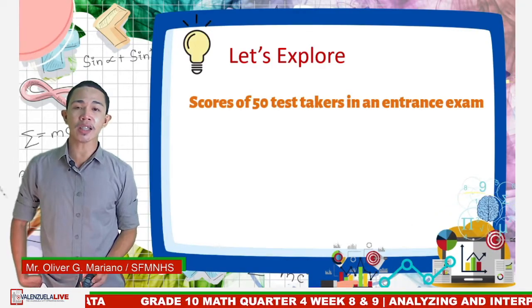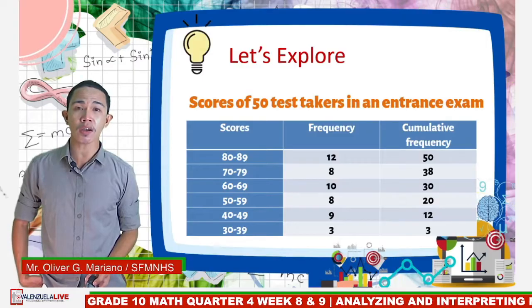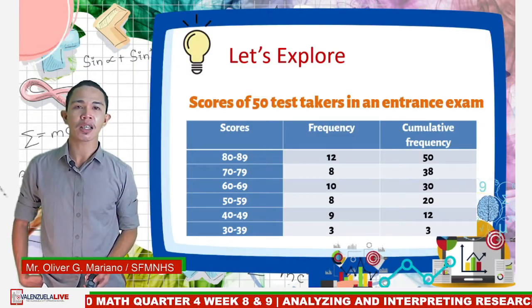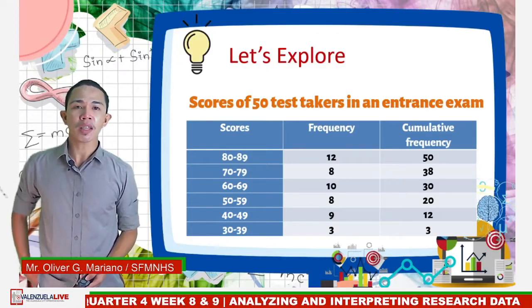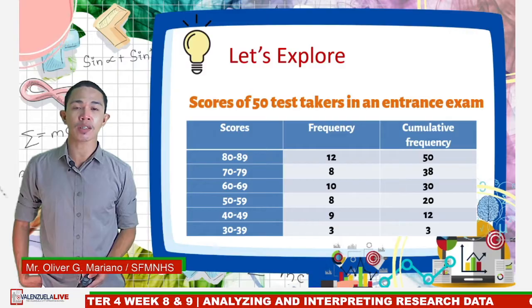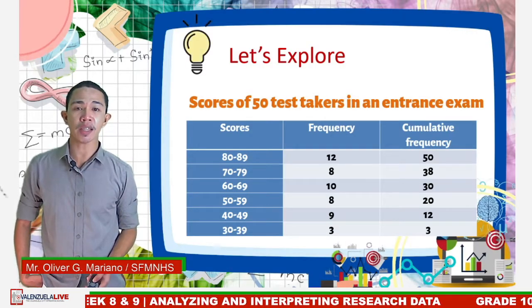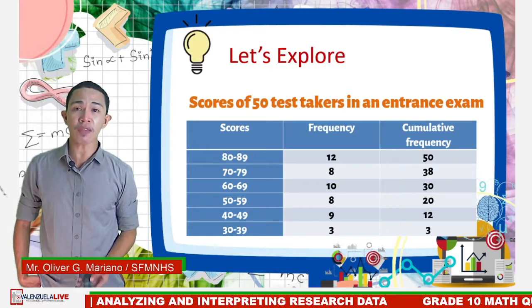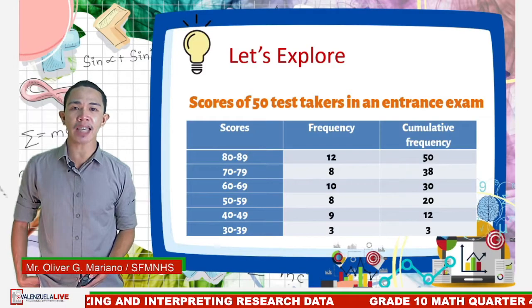Let's consider the situation wherein we are given the scores of 50 test takers in an entrance exam. So we have here the following ranges of scores. For 30 to 39, the frequency is 3. For 40 to 49, we have 9. For 50 to 59, we have 8. For 60 to 69, we have 10.